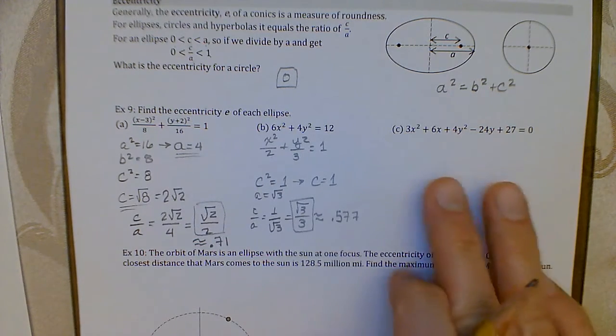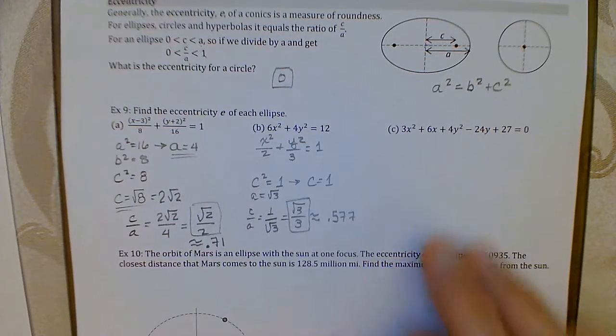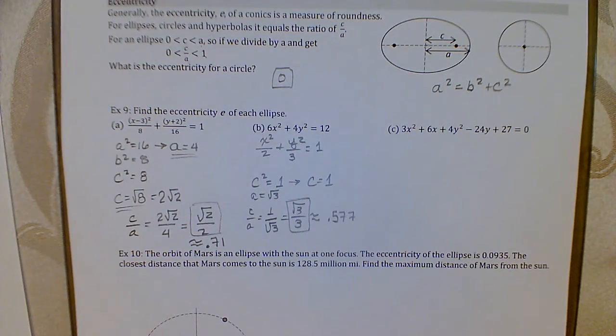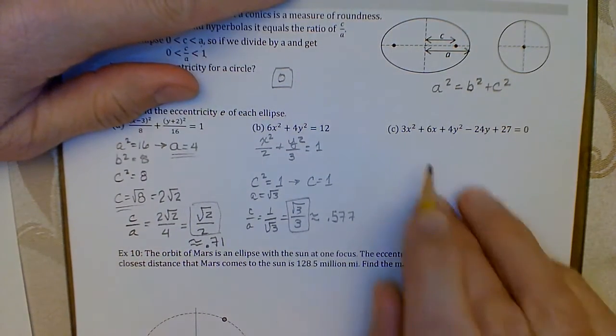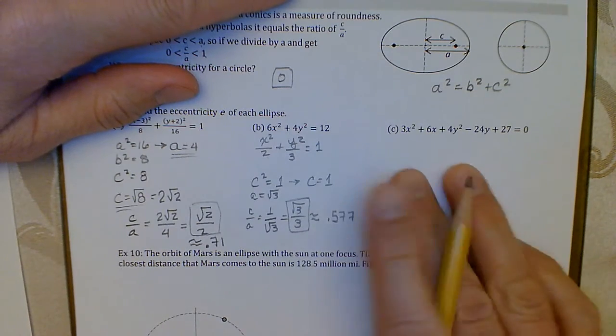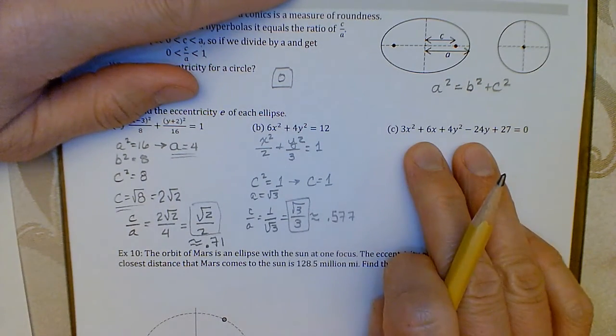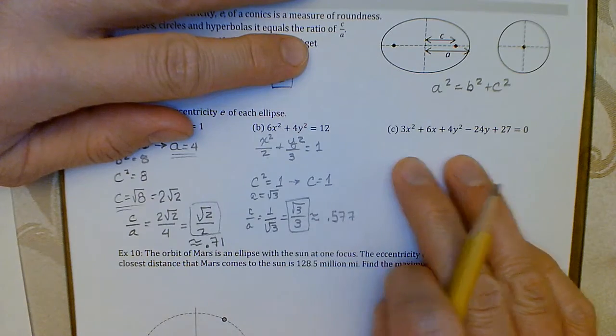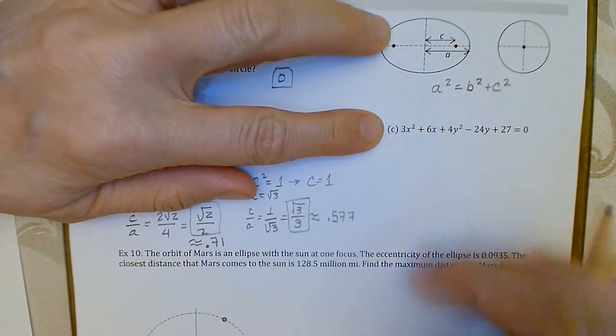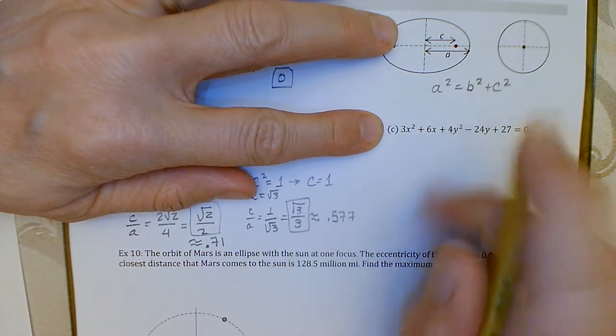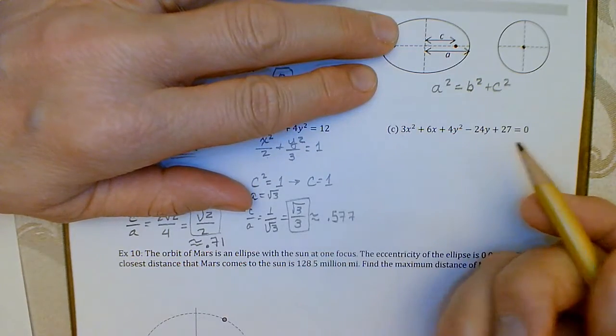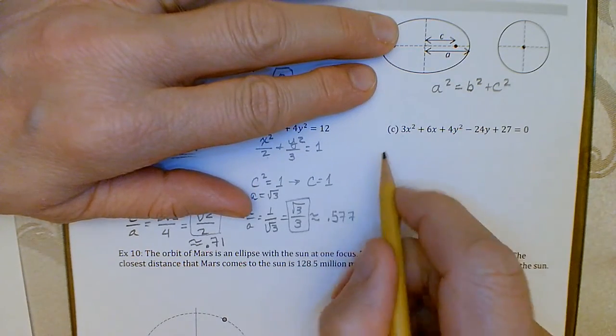All right, and then this last one, C. So this is good practice for putting it from standard form into the elliptical form. So let's deal with the x's and the y's separately. Remember, you're completing the square separately for each variable.